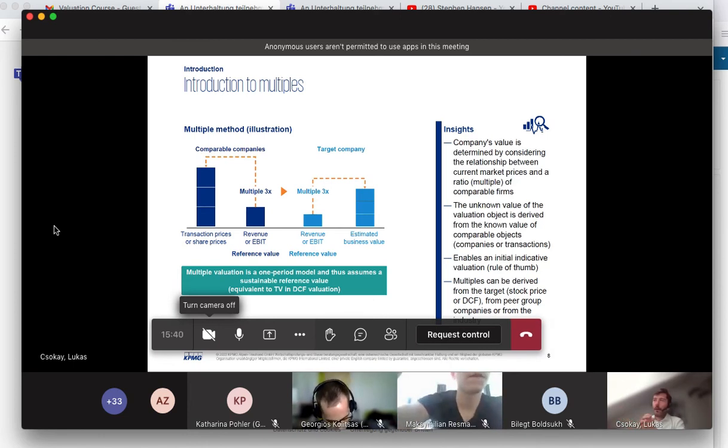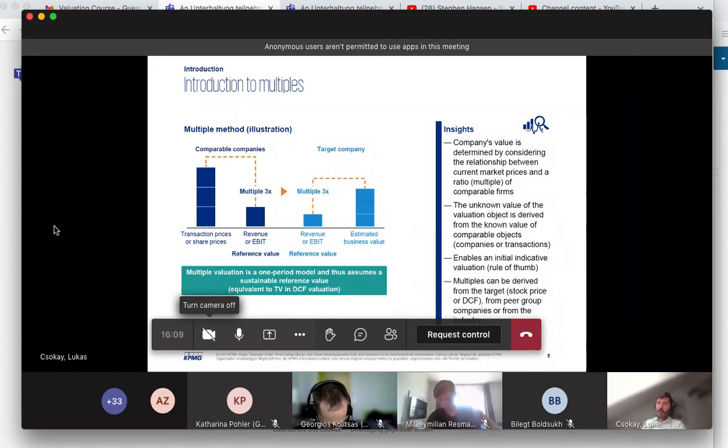If you have very low sales figures and you expect high growth over the next years, then also the sales figure of your company is not really sustainable. So we're always looking for sustainable financials here. So that's really important.